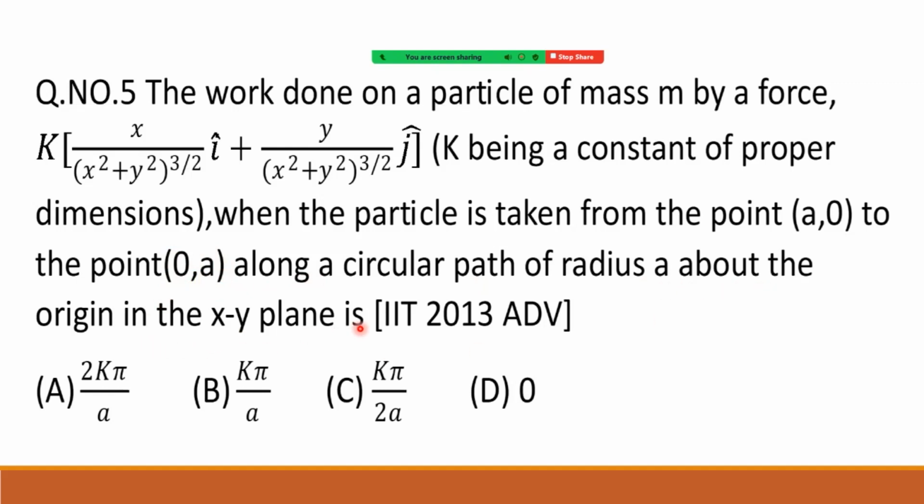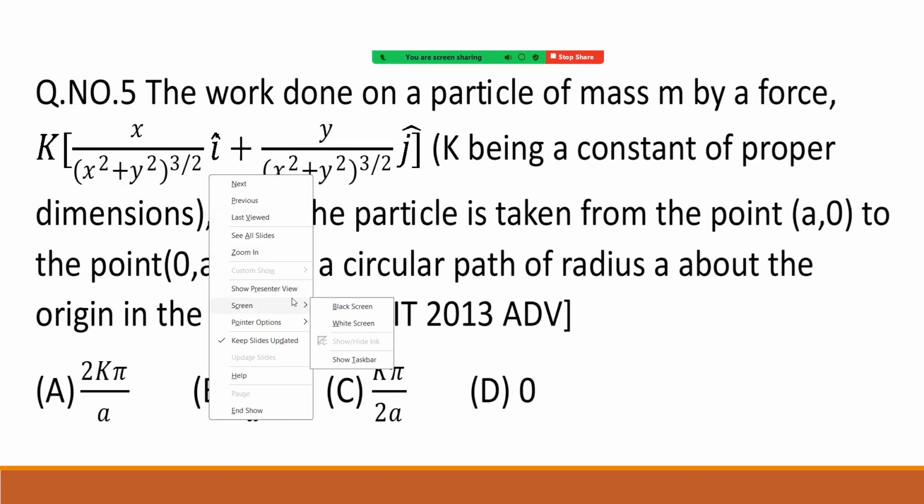So it is taken along the circular path, and x square plus y square is nothing but a square, the radius squared.